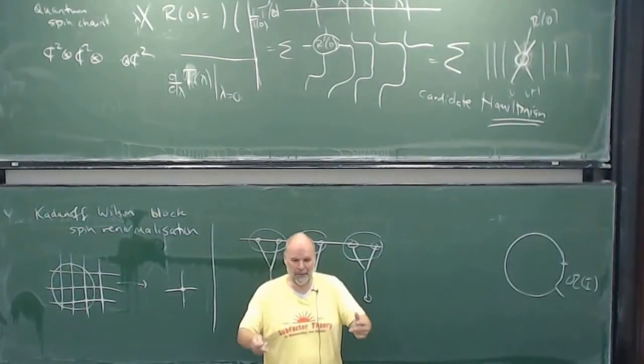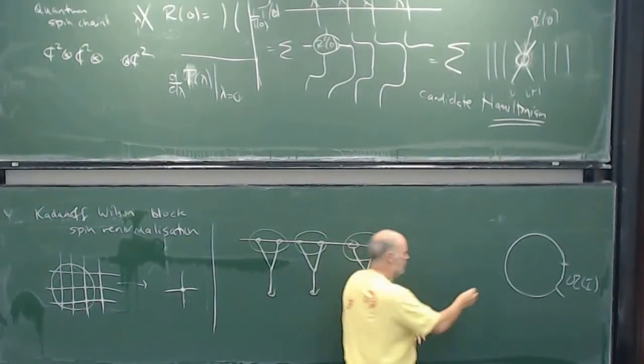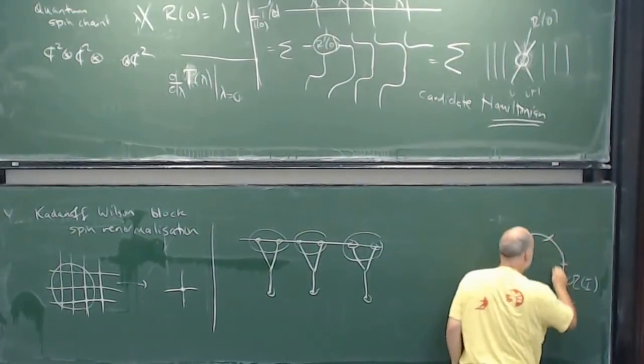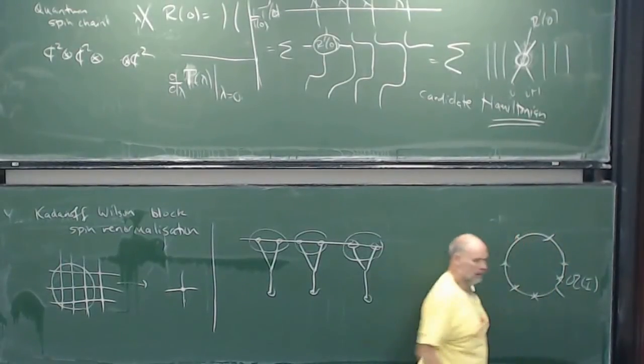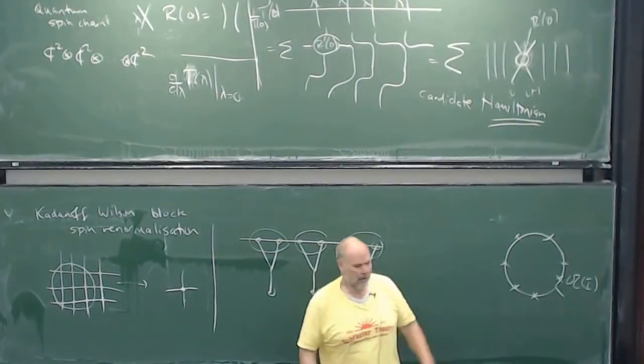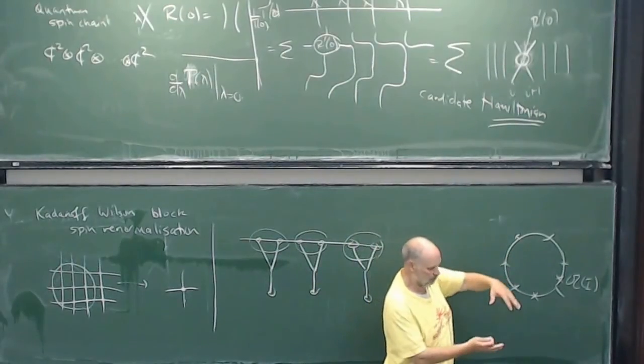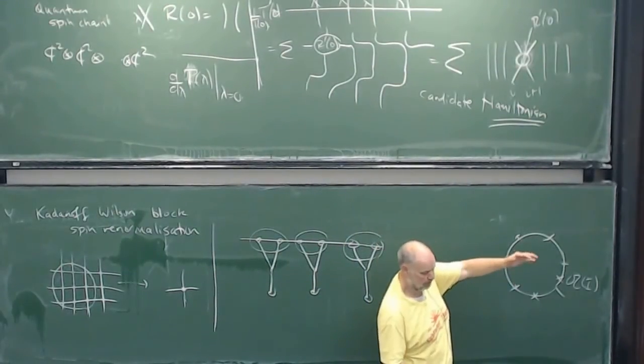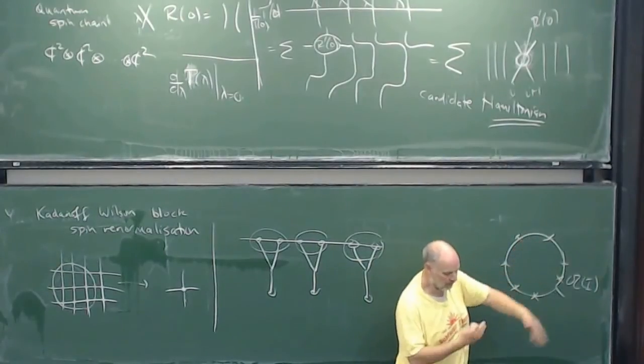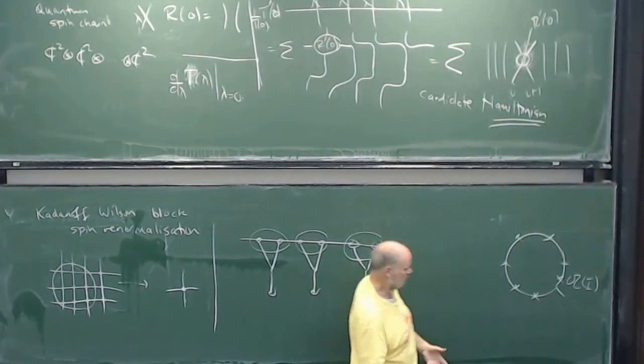What a subfactor gives you in spades is, for each time you have a circle and you have n points on it, you get a Hilbert space. Okay? You get a Hilbert space for a circle with n points on it, and if you have n points and m points, they're related. That's what subfactor theory is all about.